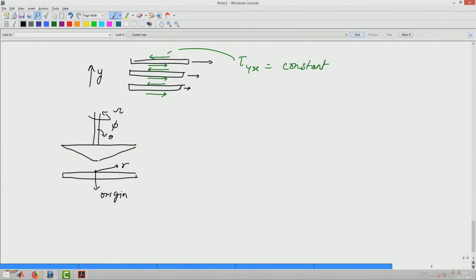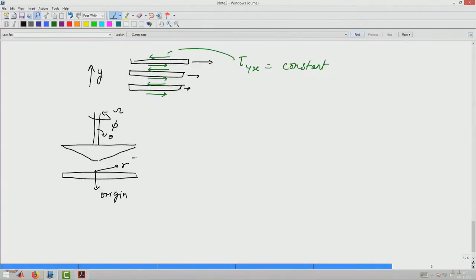So, again the question that arises is which velocity components are 0 and which velocity components are non-zero in this case. We do not expect fluid to move either in r direction or in theta direction. We expect the fluid to only flow in phi direction.